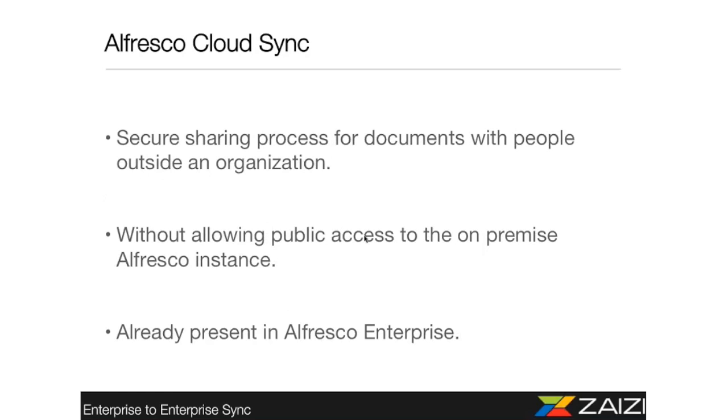This Alfresco Cloud Sync allows a secure sharing process for documents with people outside the organization without allowing public access to the on-premise Alfresco instance. It's already present in Alfresco Enterprise, but not all organizations can, by law or by choice, store documents outside their responsibility or give up full control over the hosting and security policies.